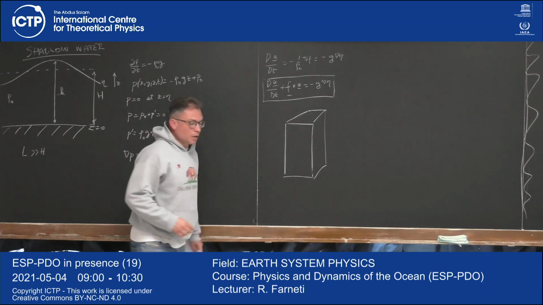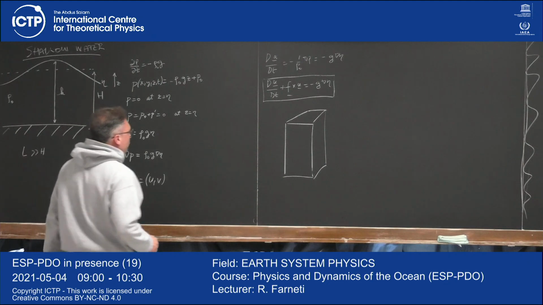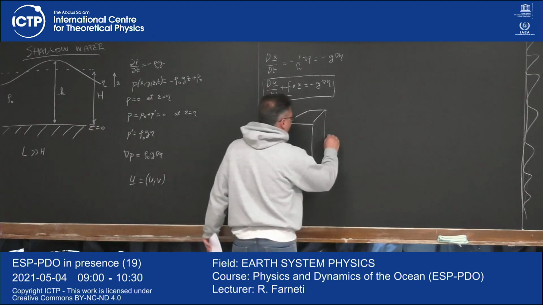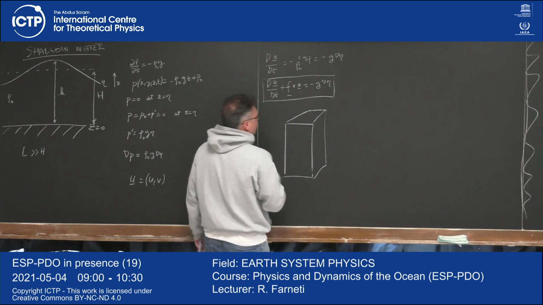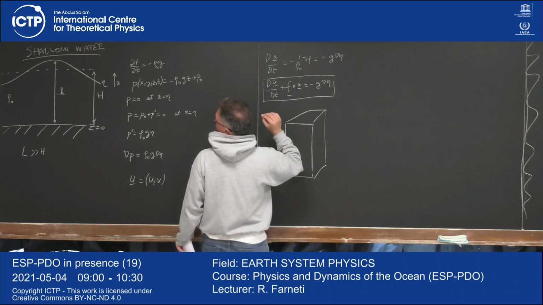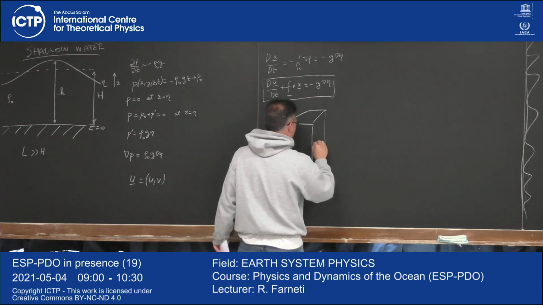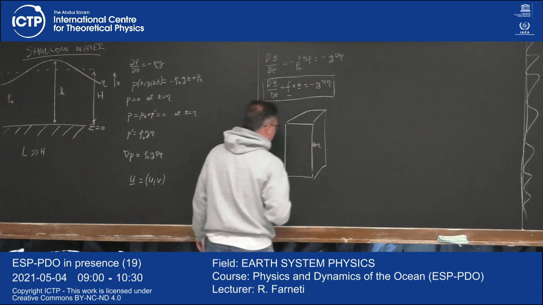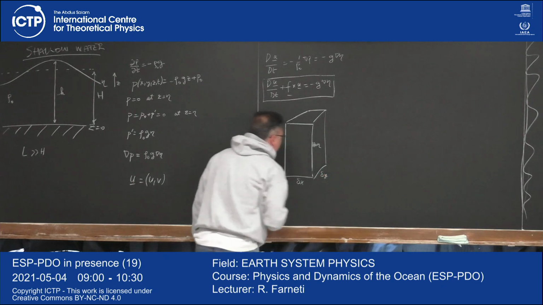So we can derive the continuity equation from first principles, where now the height of a fluid column within the shallow water is h plus eta. This is some delta x, and this is some delta y.